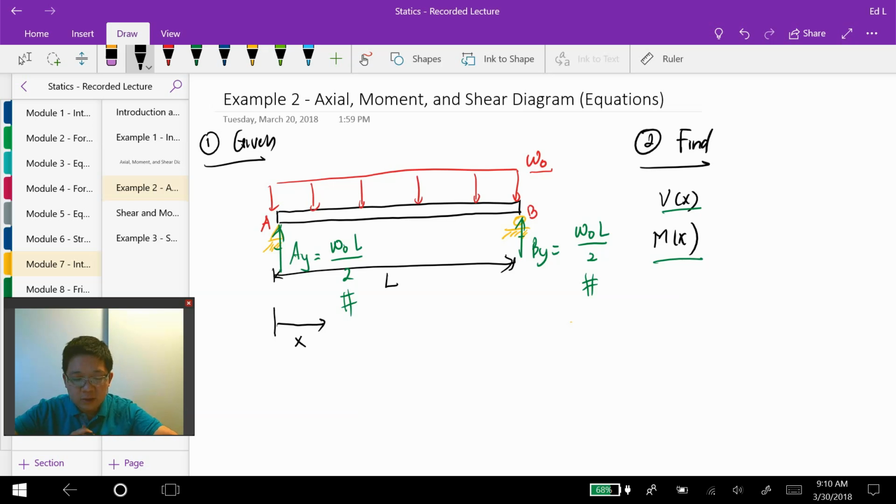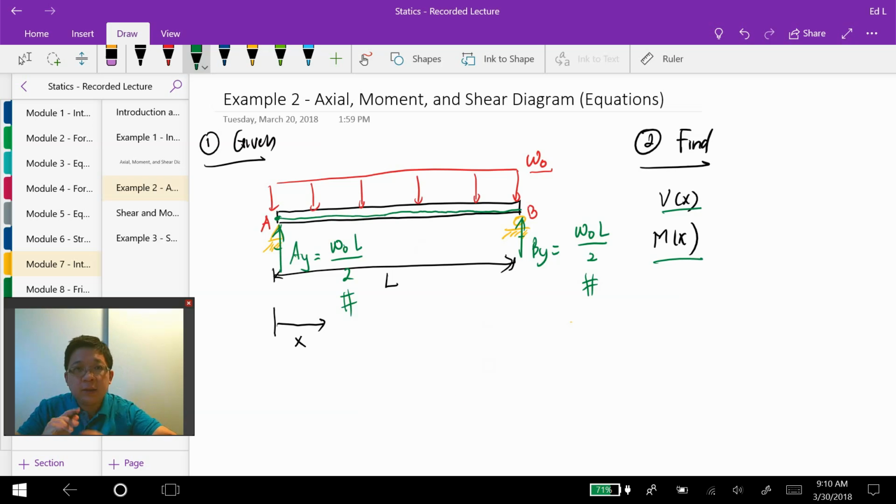Let's do this together. We start from point A, and as we go across the beam to the right, everything stays the same until B. So everything is within this span.